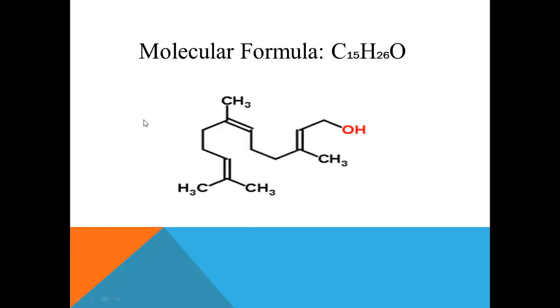Coming to the structure, farnesol's molecular formula is C15H26O. Just now we discussed gingiberine, where the molecular formula is C15H24, whereas for farnesol it is C15H26O. So this is supposed to be the structure of farnesol. We will discuss the structure in detail later.